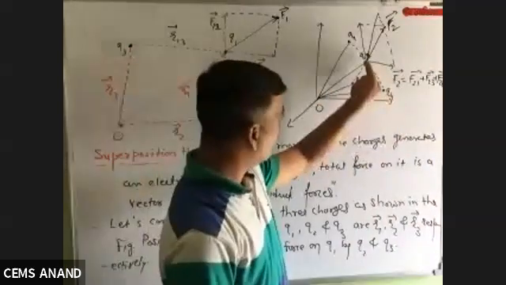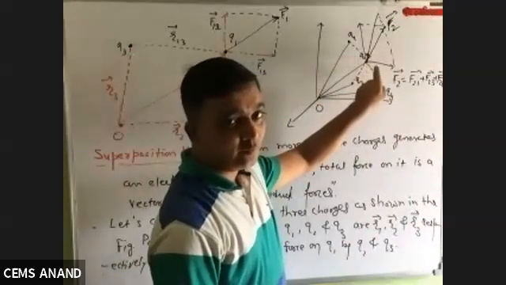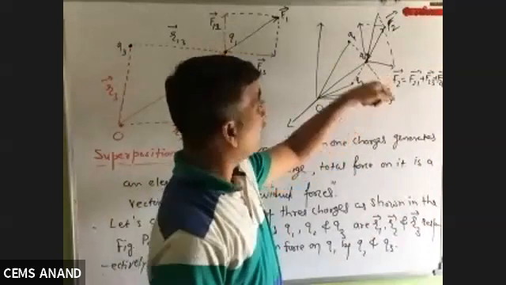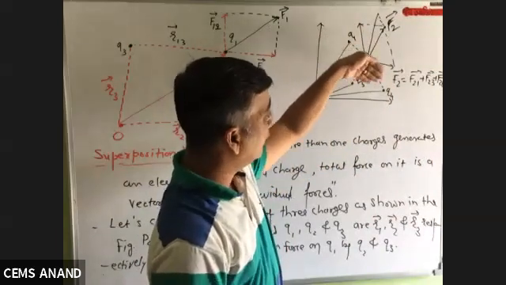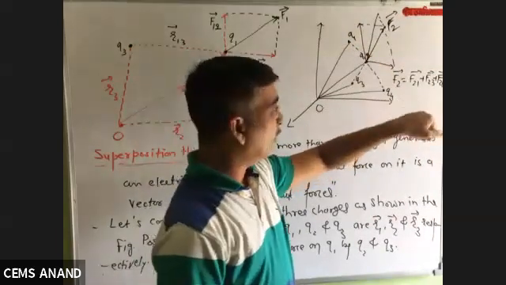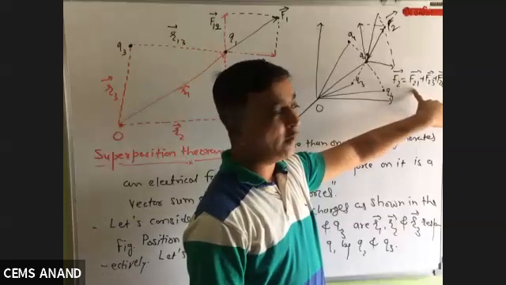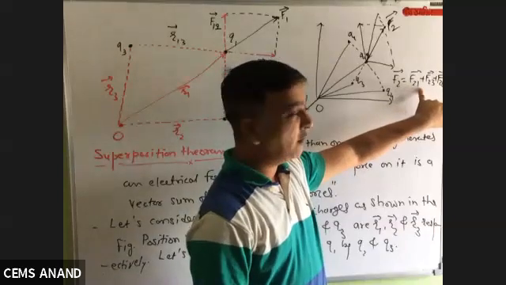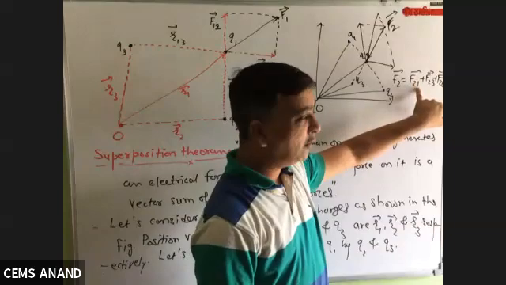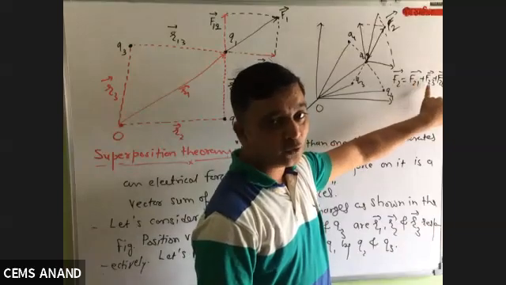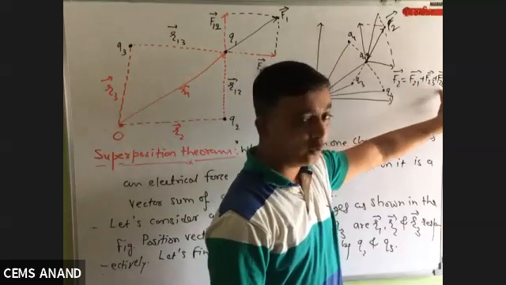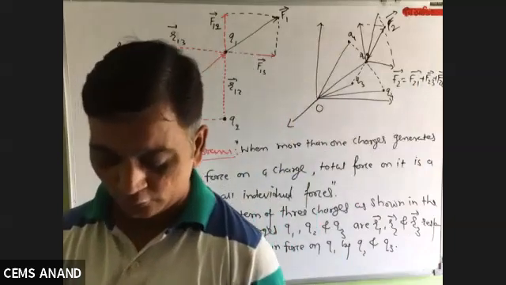The force on 2. What? Force on 2 from 1, from 3, from 4. So we have to take the vector sum of F21, that is the force on 2 by 1, F23, that is the force on 2 by 3, and F24, that is the force on 2 by 4.